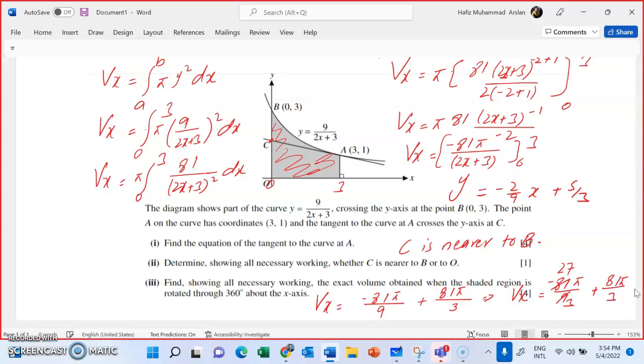So 81 minus 27, so the volume will be 54 by 3 pi. So this will be the volume for this one.